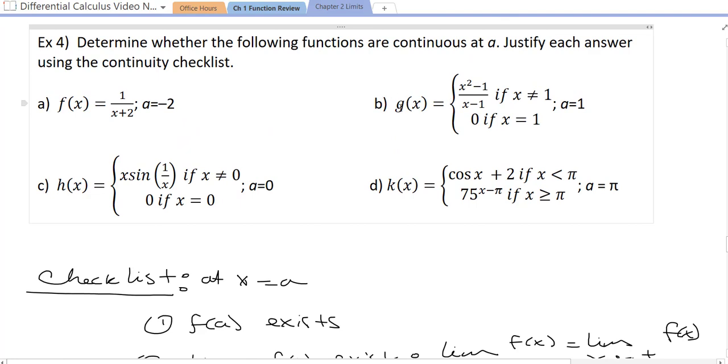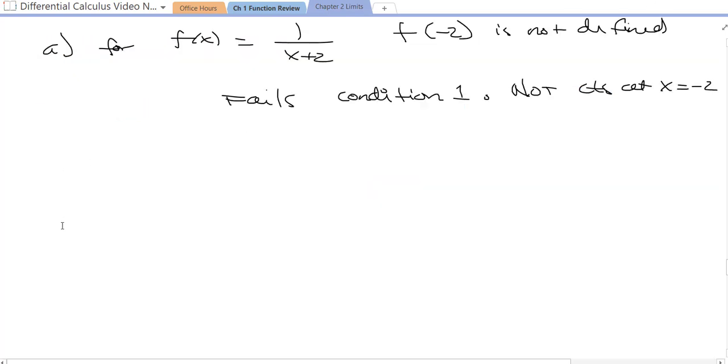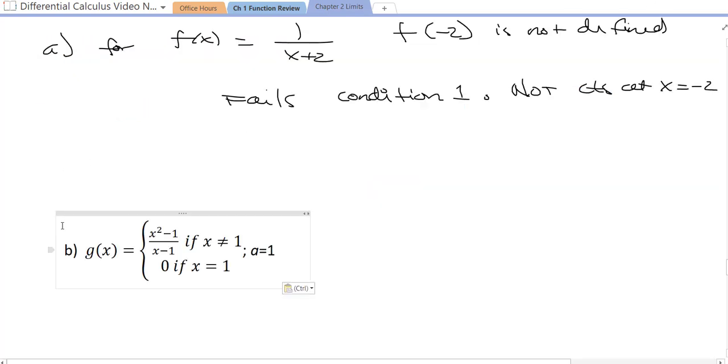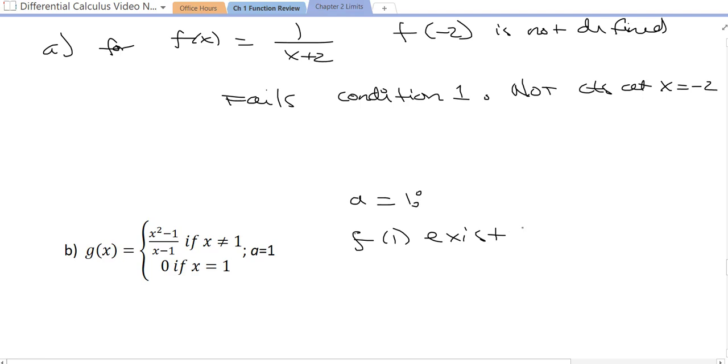So b, g of x is this function. Let me copy it and paste it over here. We're checking at a equals 1. So for a equals 1, we want to check our conditions. Does f of 1 exist? What is f of 1? Where am I allowed to plug it in?